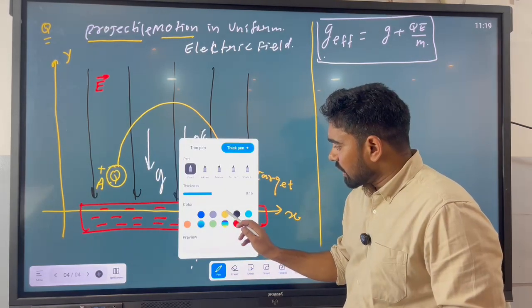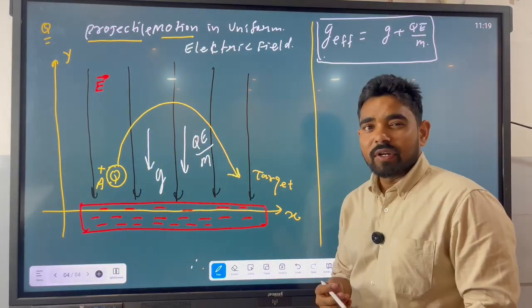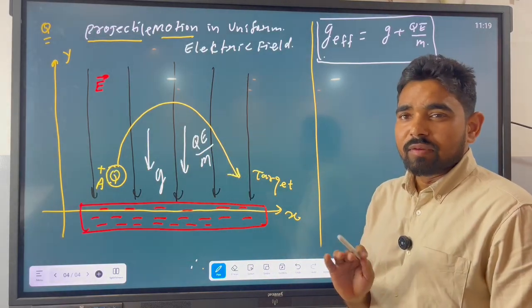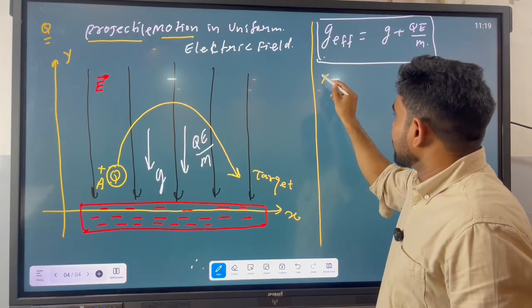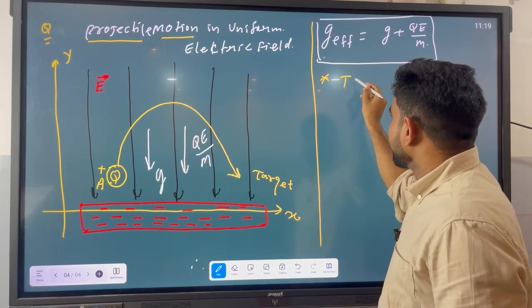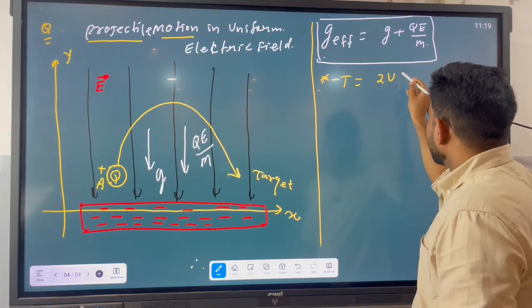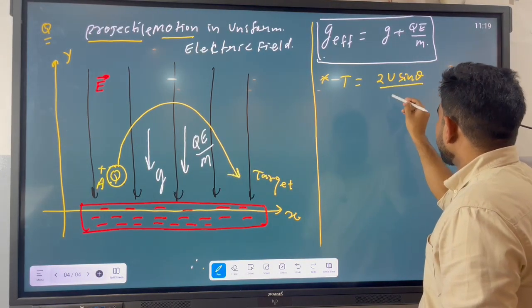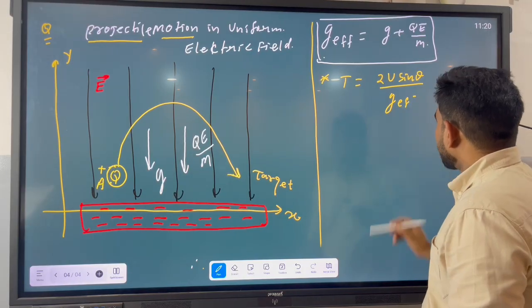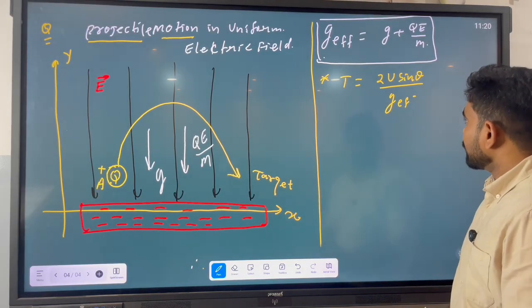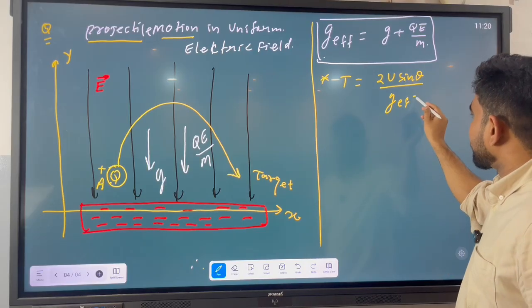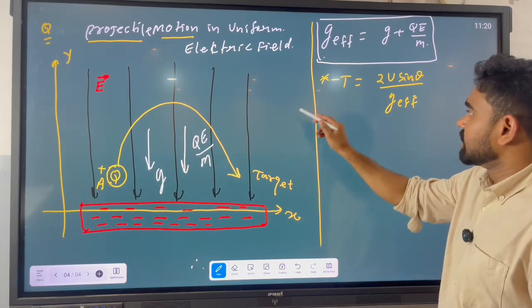Now it is a very simple calculation, no difficulties here. Initially we calculate the time of flight. The basic formula is 2u sin theta divided by g, but now we use g effective, not only g.